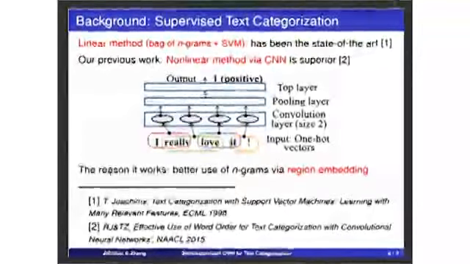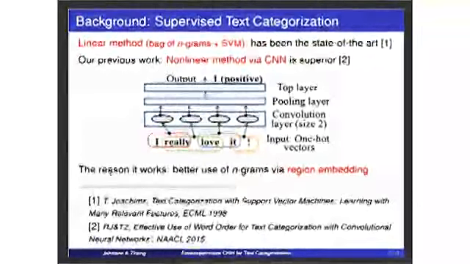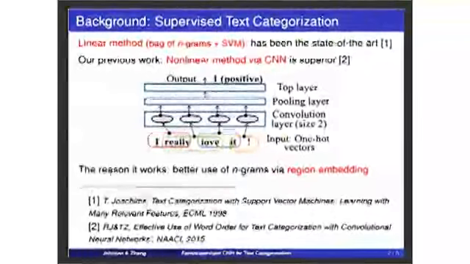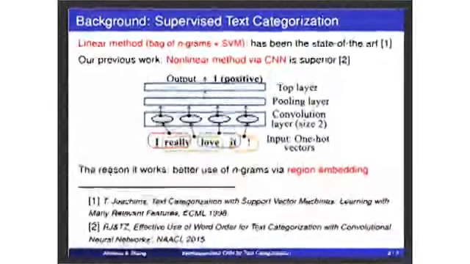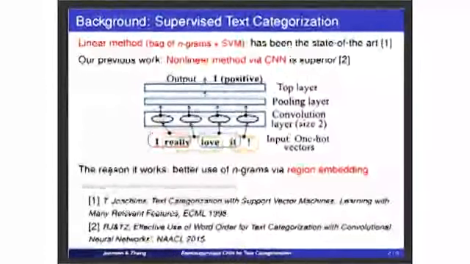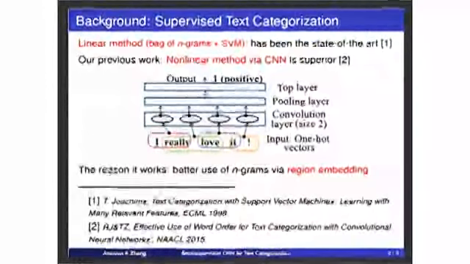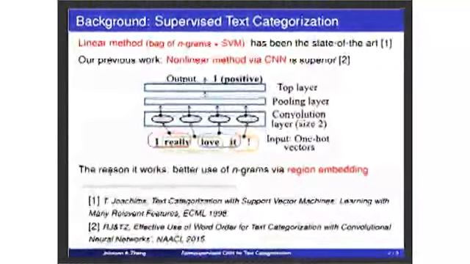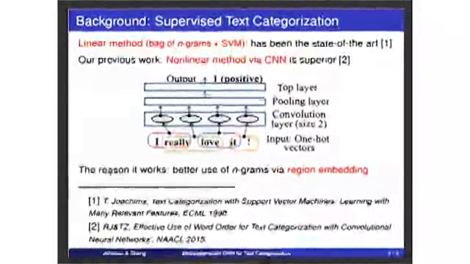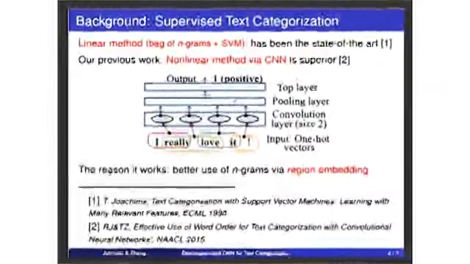If you have been around in the community, you probably know that text categorization has been studied, and there was earlier work more than 15 years ago on linear methods for text categorization. At that time, it achieved the state of the art, and it has been that way for a very, very long time, until very recently.